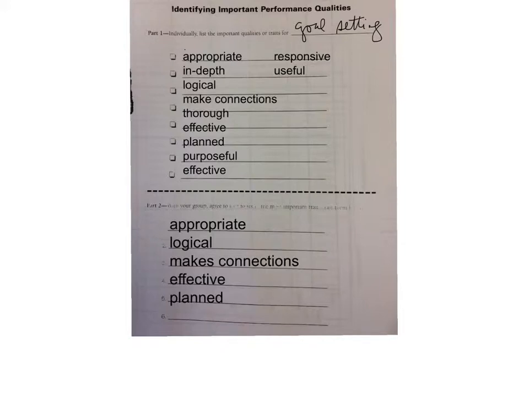So when I look at where these words come from, which categories or criteria, the first 3 are coming from content. When I think about the content, I'm thinking about the goal setting that they are creating.